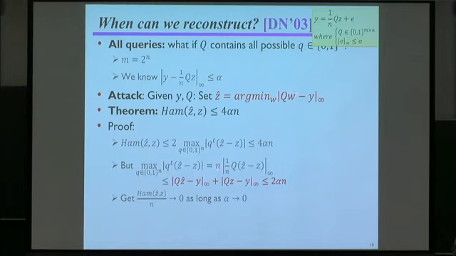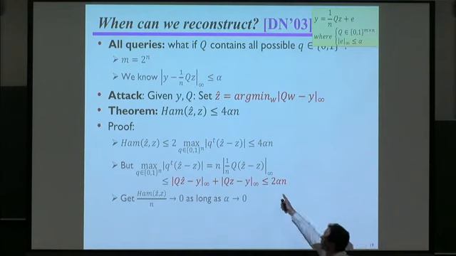And so just by the triangle inequality, I can upper bound this maximum by 2 terms, each of which is at most alpha times n.